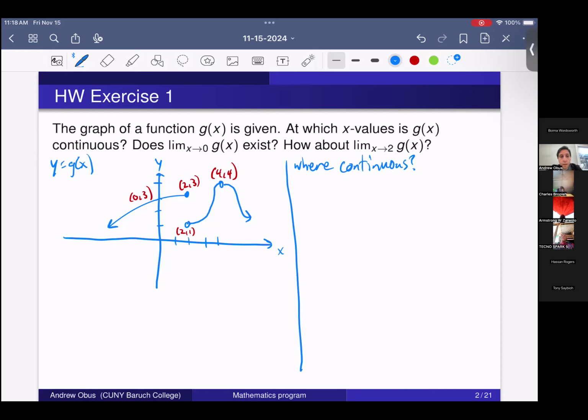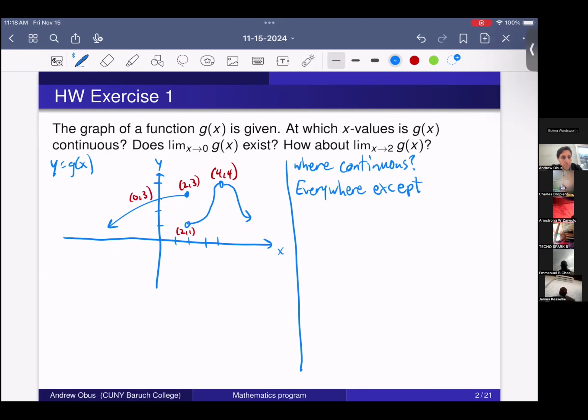Sarah, my work is not here now, but what is the question? So the question is, I drew this function here, and the question is, which are the x values where this function is continuous? Or maybe the same question, which are the x values where the function is not continuous? I mean, it's going to be continuous everywhere except some places. Yeah, okay.